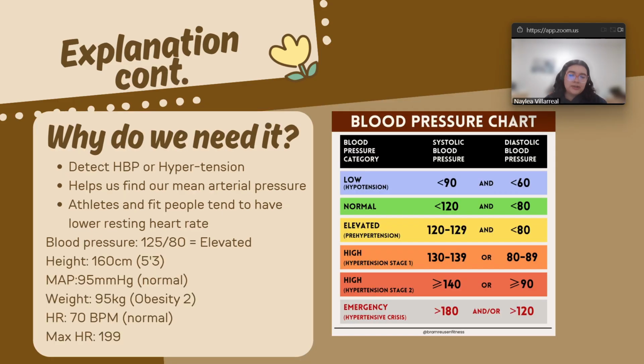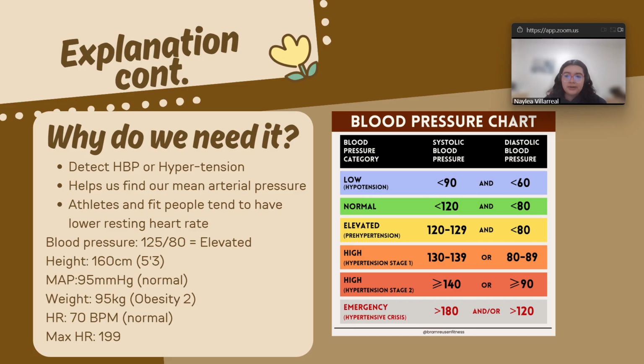We're starting with the blood pressure charts. While I don't have any documents right now, I had to do it on my own time, because the results in my documents are from my other classmates. Over here, my blood pressure is 125 over 80, which is elevated. I'm 160 centimeters.